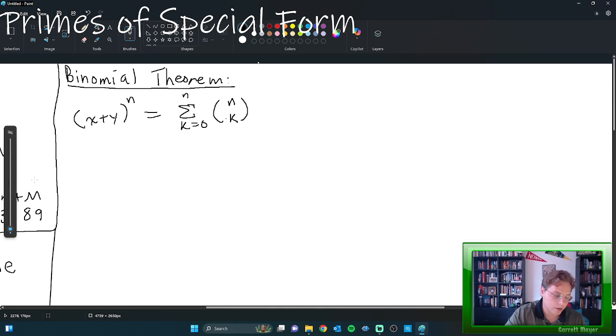And this is a combinatorial notation for something, times a to the k, b to the power of n minus k.